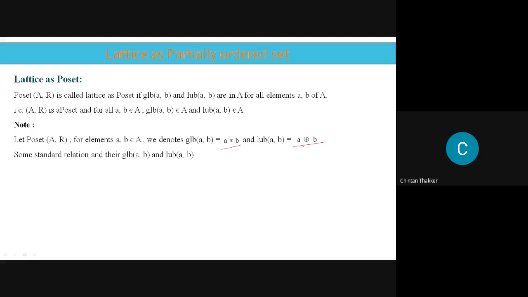The LUB of A comma B is denoted by A ring sum B. Okay, this sign is called ring sum, and this is a star. Then now we take the GLB and LUB of the standard relations.